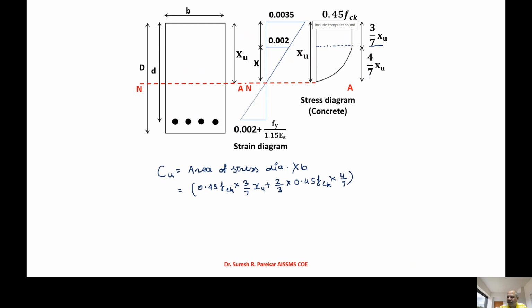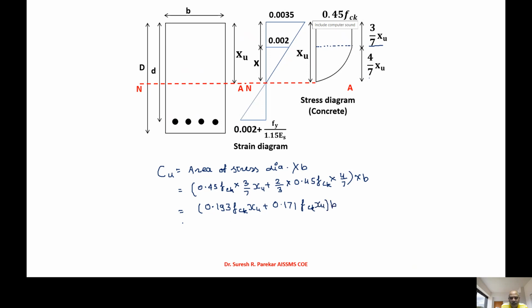If we calculate, we get the first value 0.193 fck into xu plus 0.171 fck into xu, and then we multiply by b.